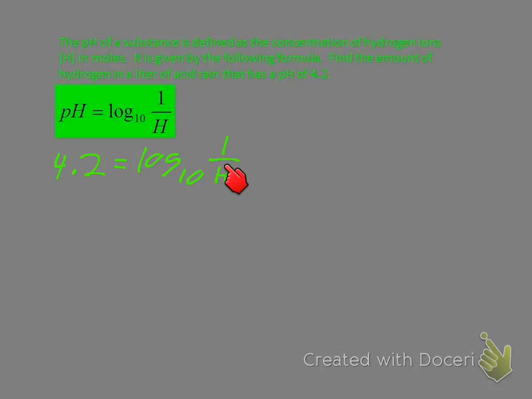We're going to take this division that's right here, and we're going to split that off. So we're going to go the other way. So instead of writing it as the division of 1 and h, what we're going to do is log base 10 of 1 minus log base 10 of h. Okay?